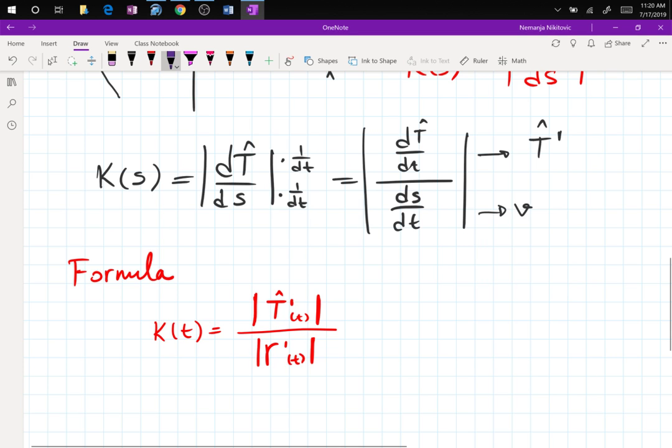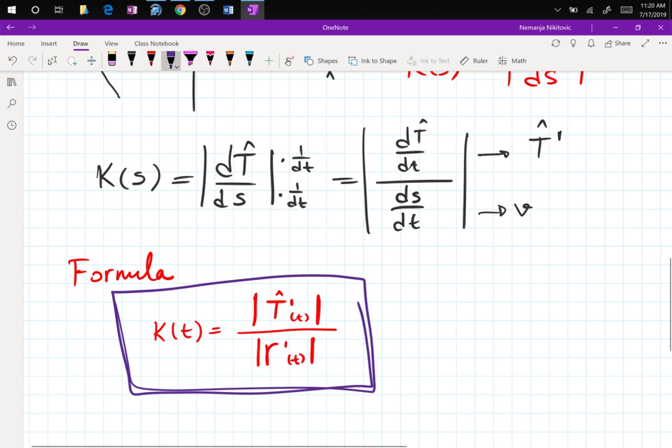So this is the way to compute curvature. Use this to compute curvature.